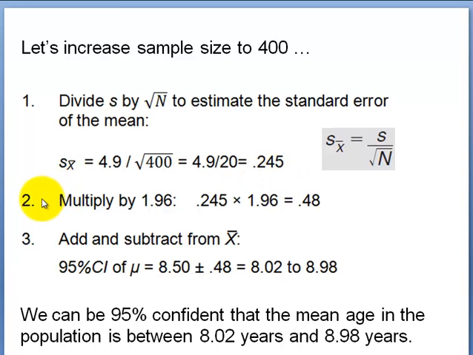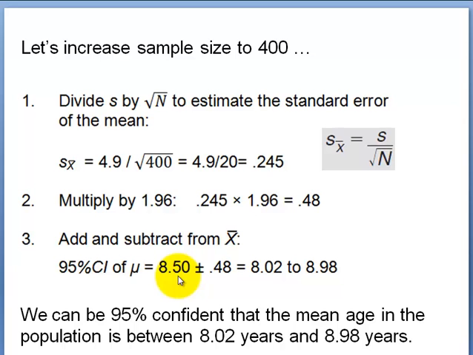Let's continue with the calculation of the confidence interval. So we multiply times 1.96 to get 0.48, and then we're going to add and subtract from the mean of our random sample, which we presume still to be 8.5.